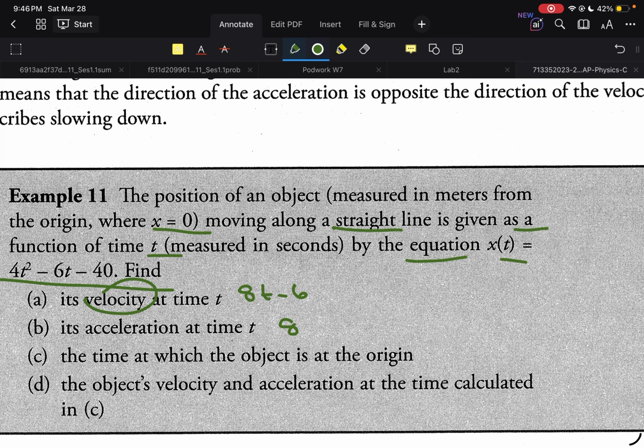Time at which it's at the origin. It would be when the whole equation equals 0. We can try to... Look, we forgot how to do this with derivatives. But since we know the two factors, I think if you use those, times get 40. Yeah, wait.